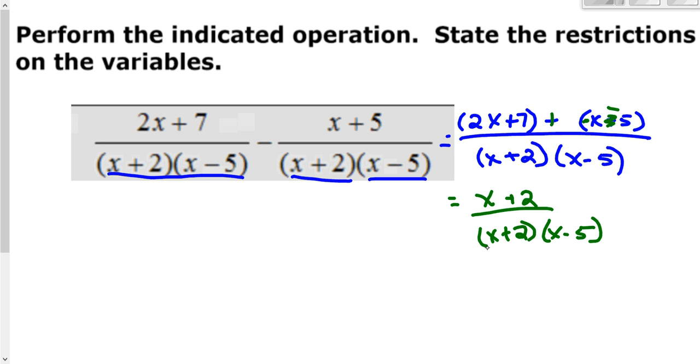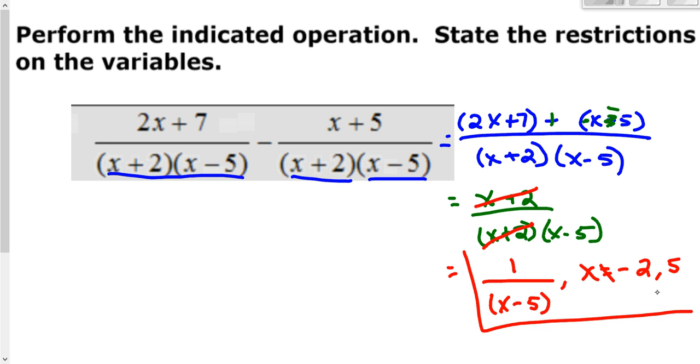Cancel x plus 2 and x plus 2. So we have a 1 in our numerator over x minus 5. And our restrictions, x can't equal negative 2 or positive 5.